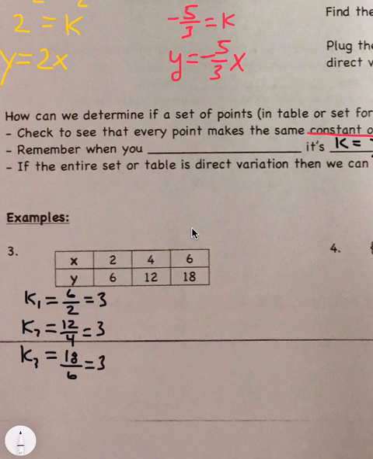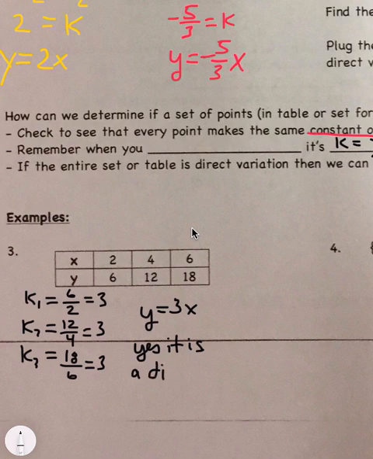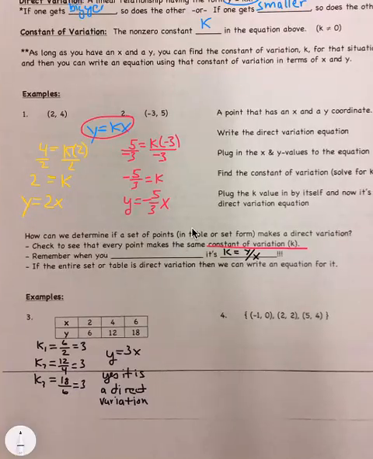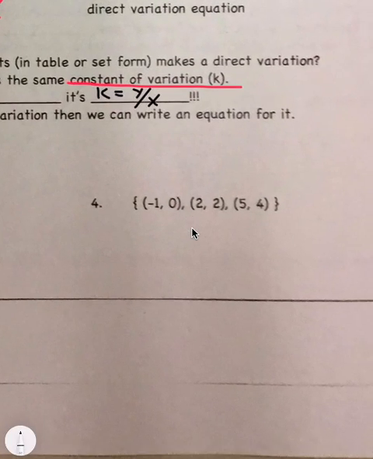So then we can write our direct variation equation as y equals 3x, and we say yes, it is a direct variation, because all 3 points work.